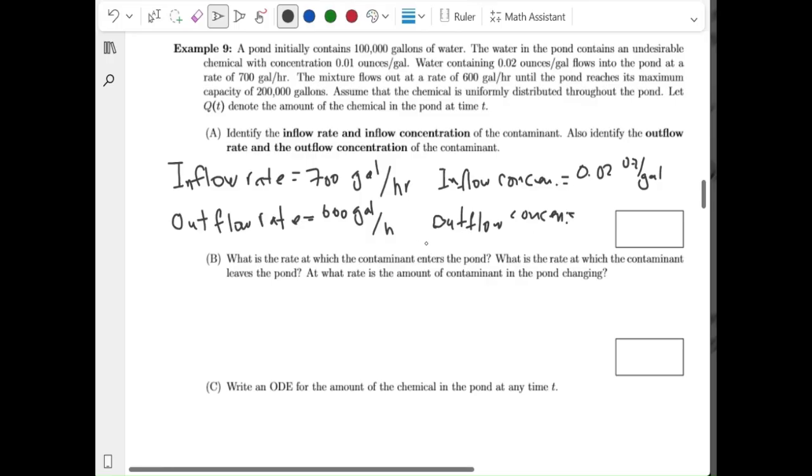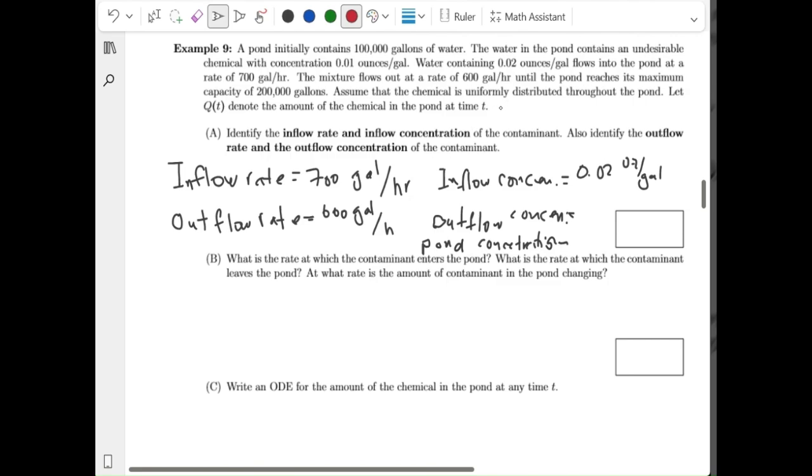This time this is equal to the pond concentration. And the pond's concentration depends on the volume of the pond. Let's go back and figure out the volume of the pond at time t.